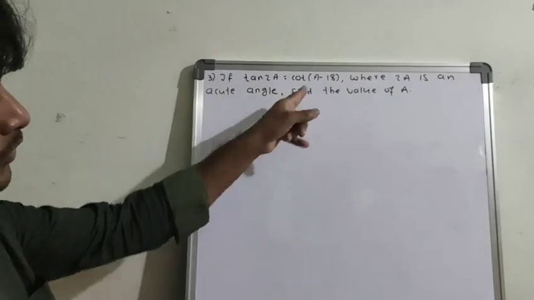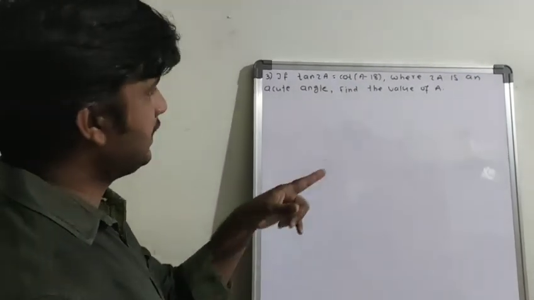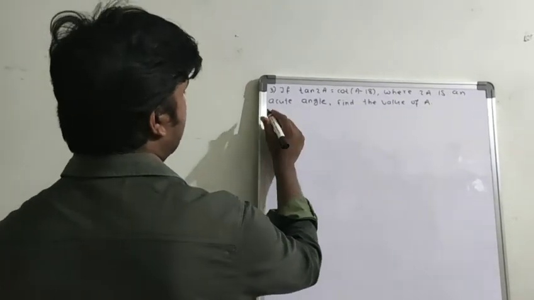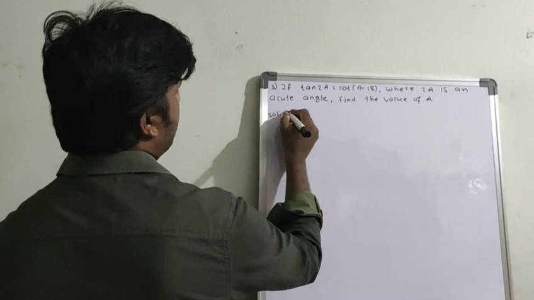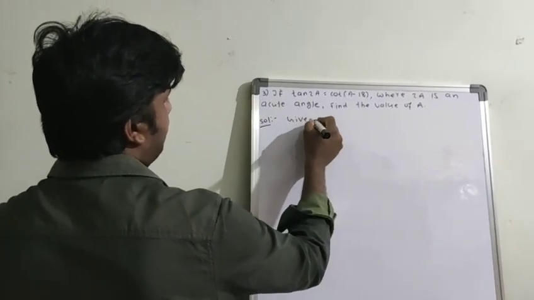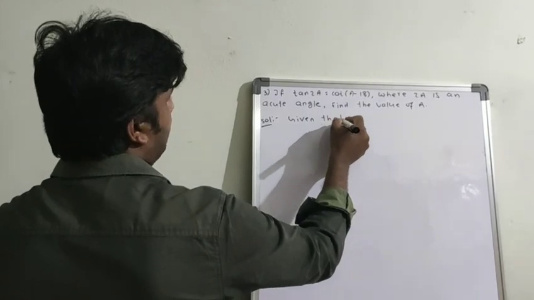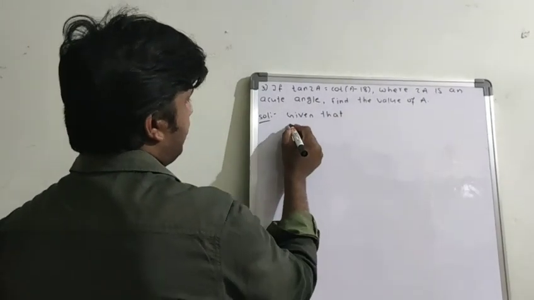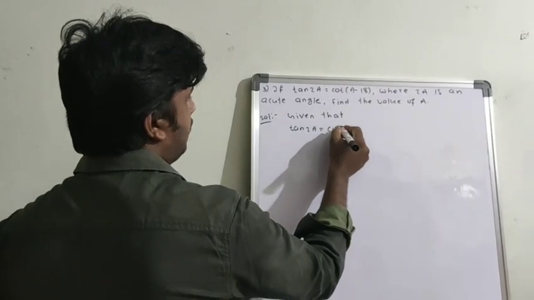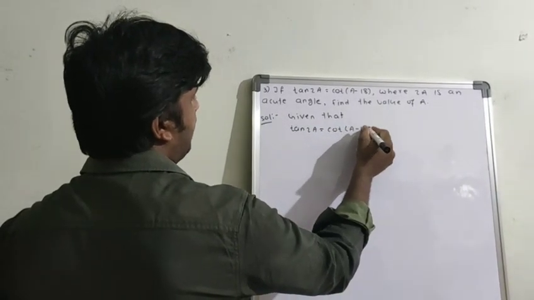Tan 2a equal to cot a minus 18, where 2a is an acute angle, find the value of a. Okay, so solution. This is one of the important 1 or 2 marks questions. Given that tan 2a equal to cot a minus 18.